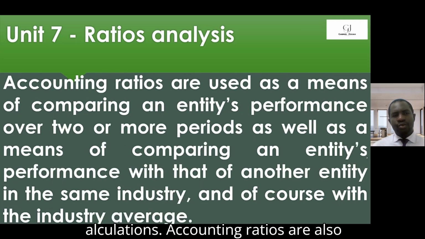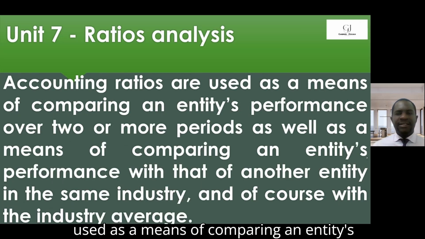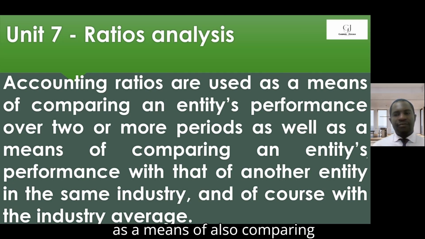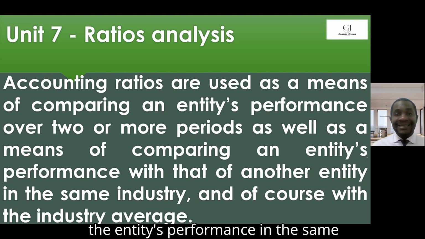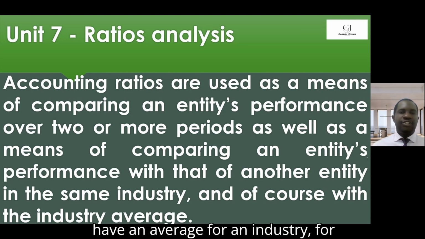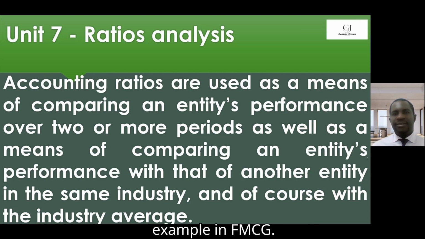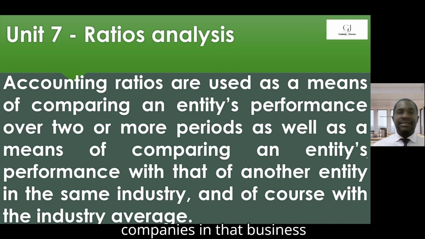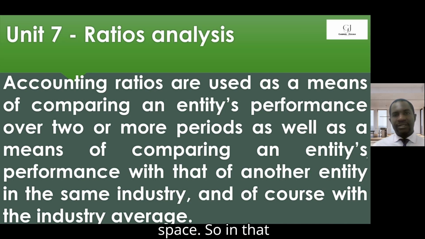Accounting ratios are also used as a means of comparing an entity's performance for two or more periods, and also as a means of comparing the entity's performance in the same industry. Of course, we'll have an average for an industry, for example, in FMCG, the fast-moving consumer goods, you have companies in that business space.